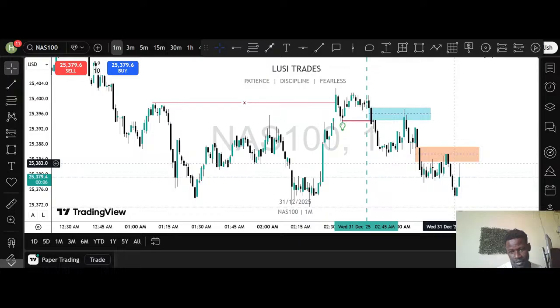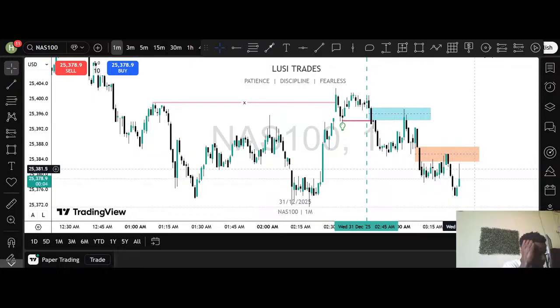So return back into this fair value gap. So I want to see if it can push it lower.